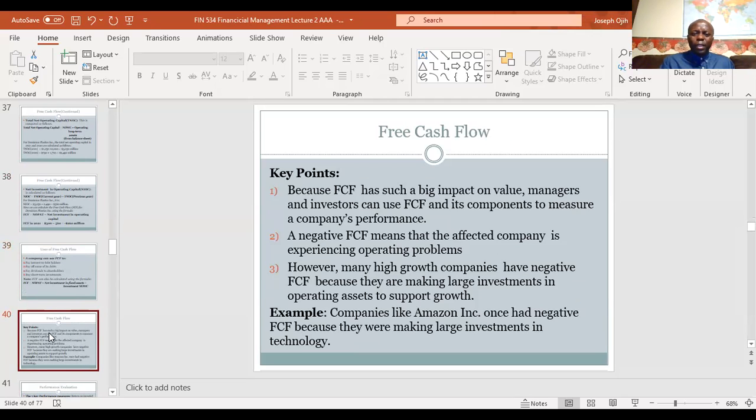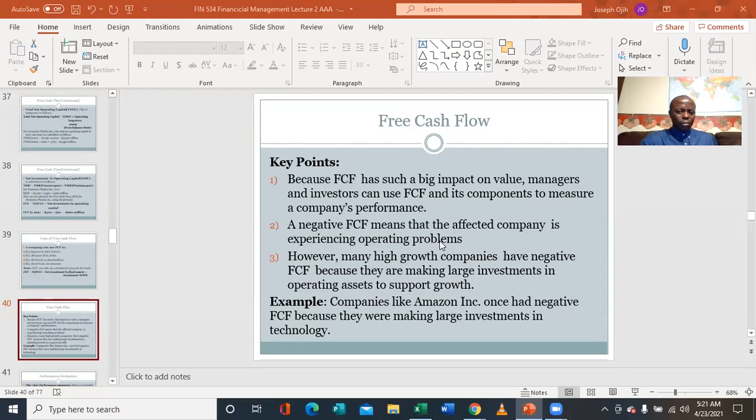So there are a few things we need to know about free cash flow. The impact is very big on the company's value. Managers and investors can use free cash flow as a component to measure how well the company is performing. A negative cash flow means that the affected company is really going through problems.